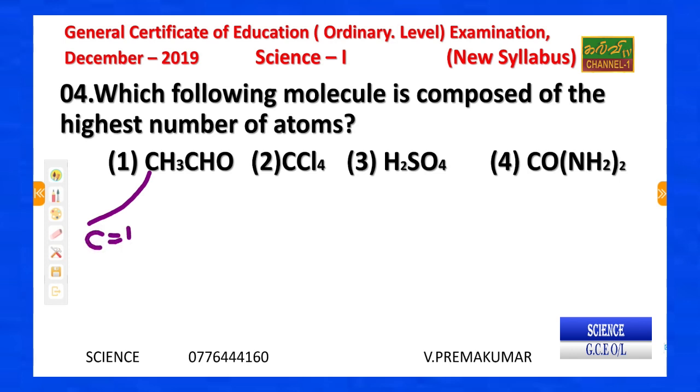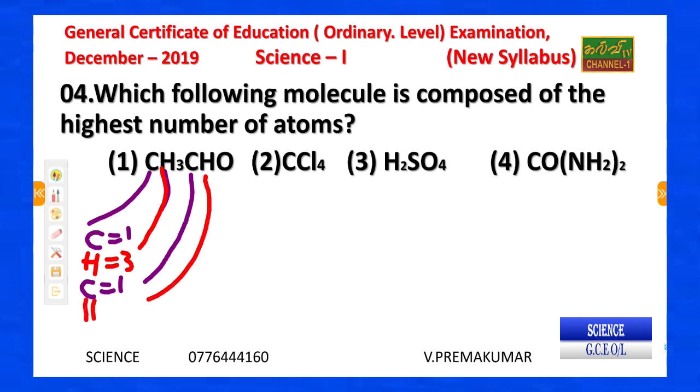Hydrogen: how many hydrogens are here? H3. Another carbon, C, that is 1 carbon. Another hydrogen, yes, another hydrogen. How many hydrogens? 1. And another oxygen.